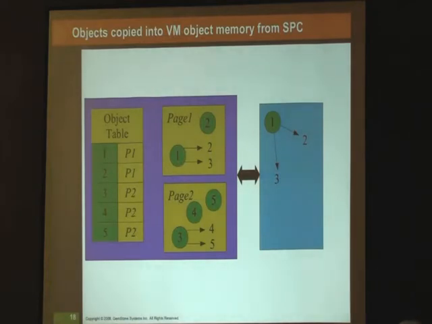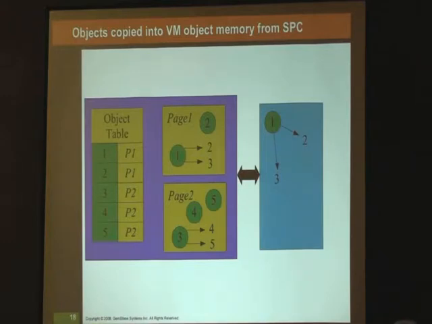When there's an object reference in a VM, the object is copied into VM object space. So here we have a partial object graph loaded into the VM, and this is one of the key pieces for Gemstone. We talk about being able to have billions of objects, and your object graph is not going to fit in memory at any one time.